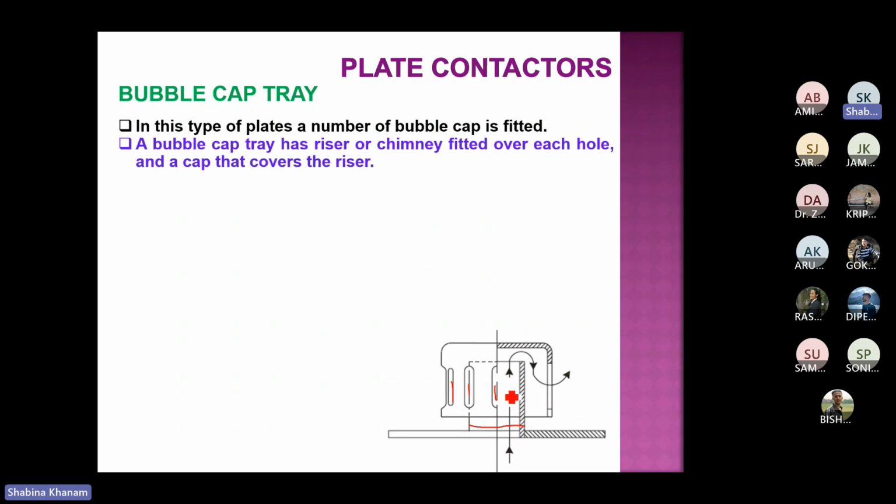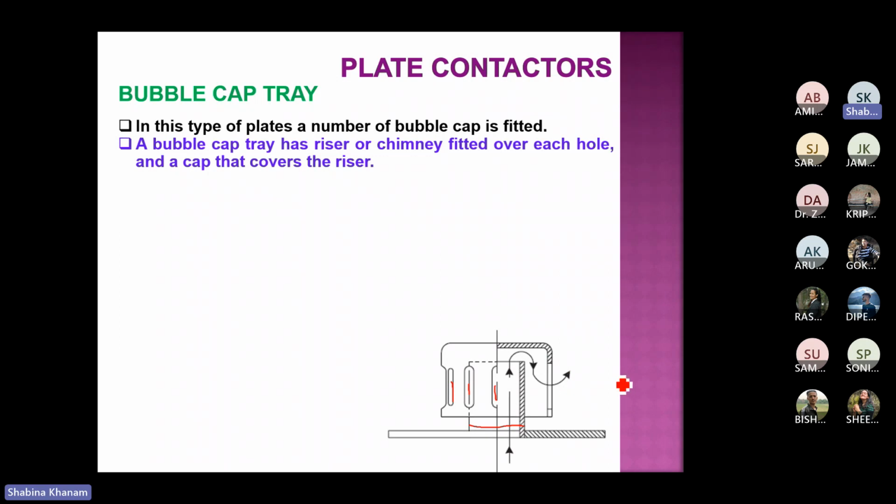So vapor is coming from the bottom, moves upward through this riser, and beyond the riser it moves in this way and then exits from this hole. As it exits from this hole, it interacts with the liquid.